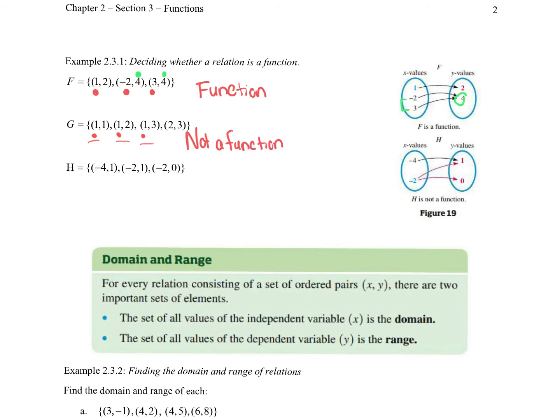Let's look at letter F. So I have -4, -2, -2. Oh, these two, look right here. They repeated, so this is not a function. And to see a visual of that, this -2 went to two different places. You can't do that, guys. You as a student cannot go to two classrooms at one time. It doesn't work, so those are not functions.